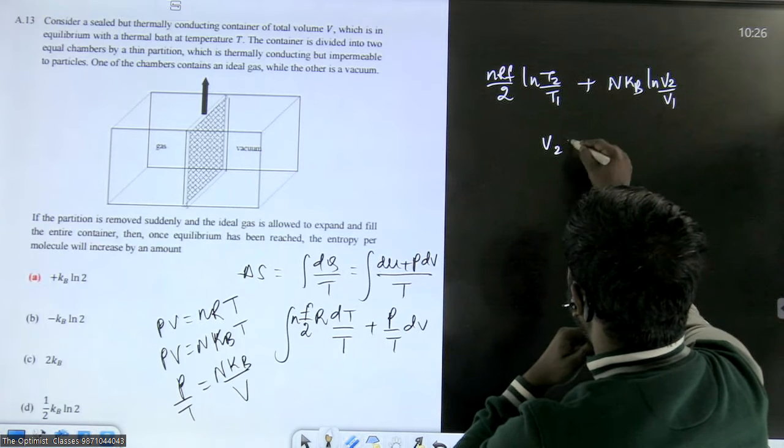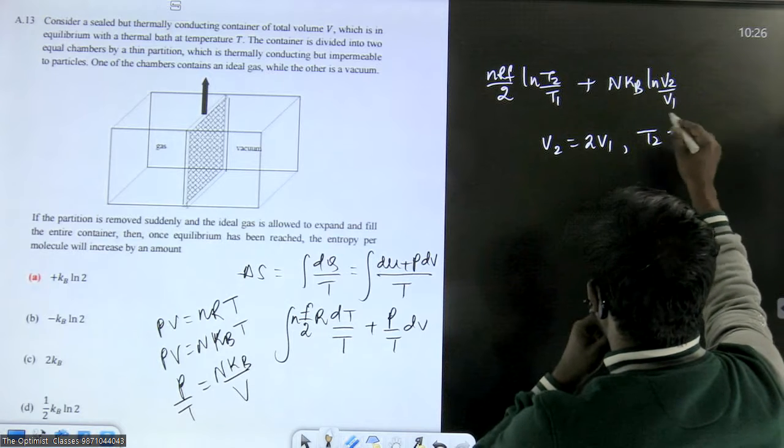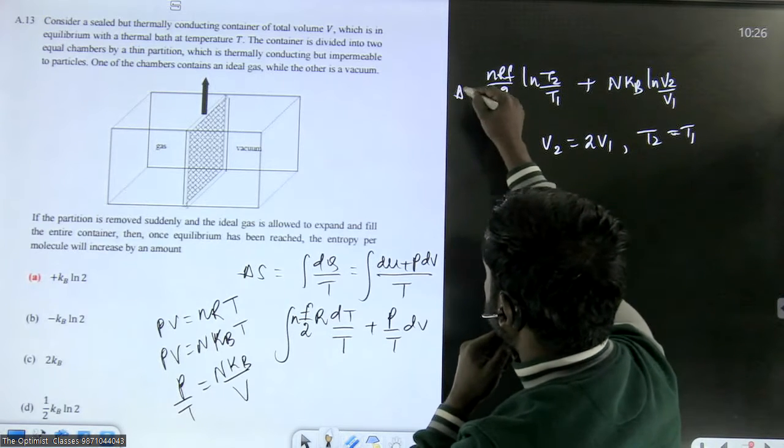Now the question says V2 is equal to 2V1, but T2 is equal to T1, so therefore the first term will be 0.